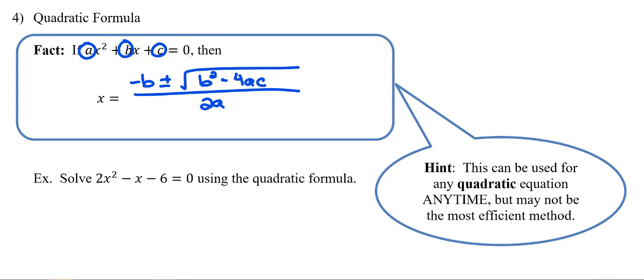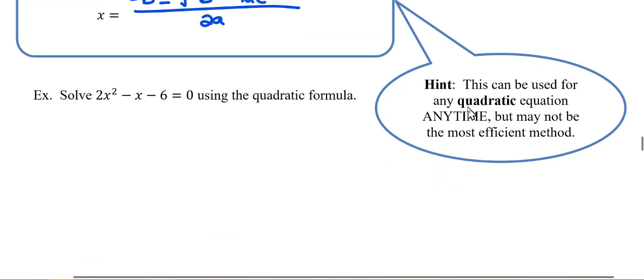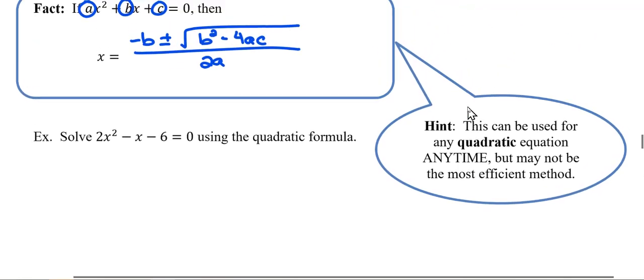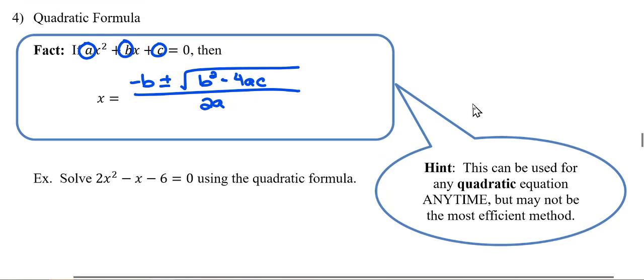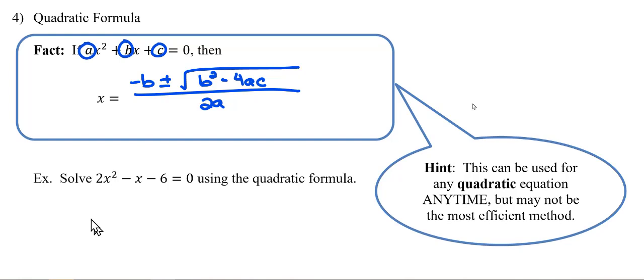So let's do this example here. 2x squared minus x minus 6 equals 0, using the quadratic formula. I'll leave that up there so we can see it. One thing I want you to get in the habit of doing: sometimes students will just dive right into the right-hand side of that equation above.